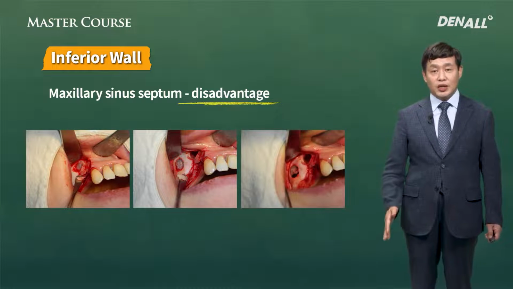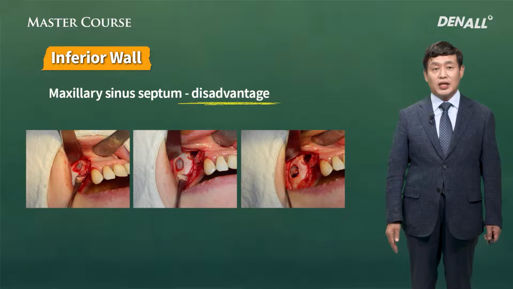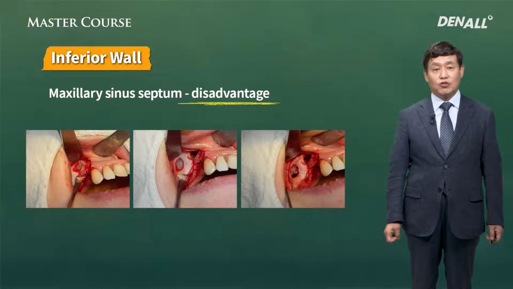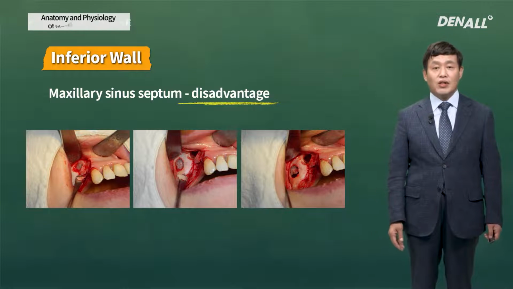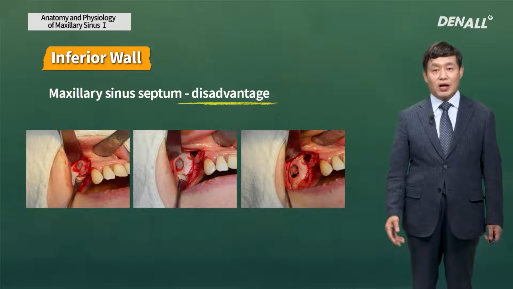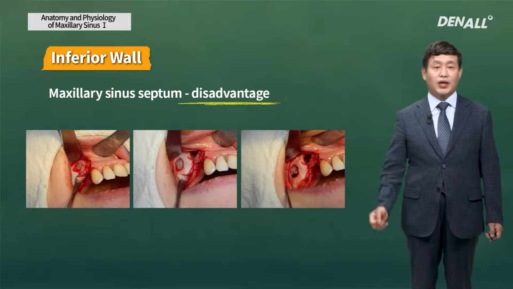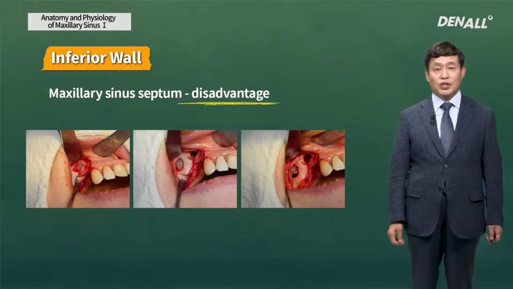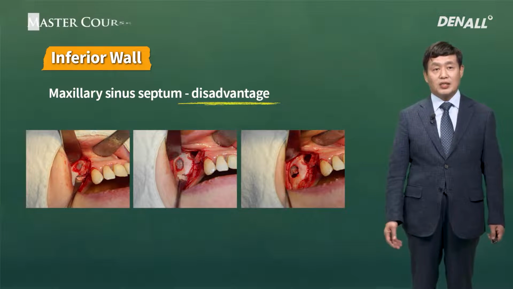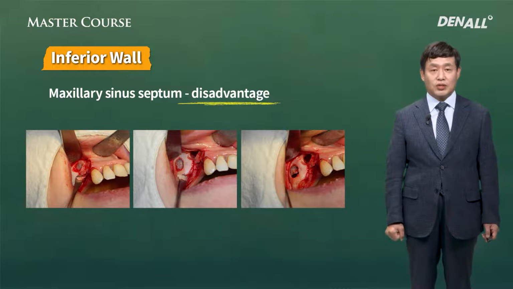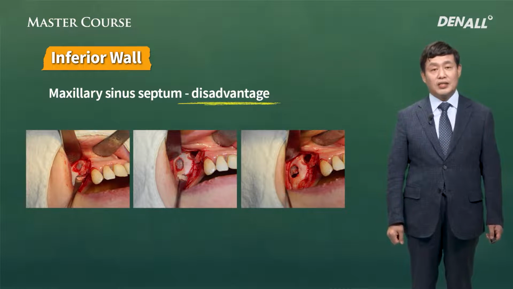Due to the septum in the middle, the maxillary sinus mucosa is perforated. When the maxillary sinus is perforated, the surgery can be delayed, and at another opportunity I will talk about how to repair it when the sinus membrane is perforated. When there is a septum, the lateral approach can be a problem.